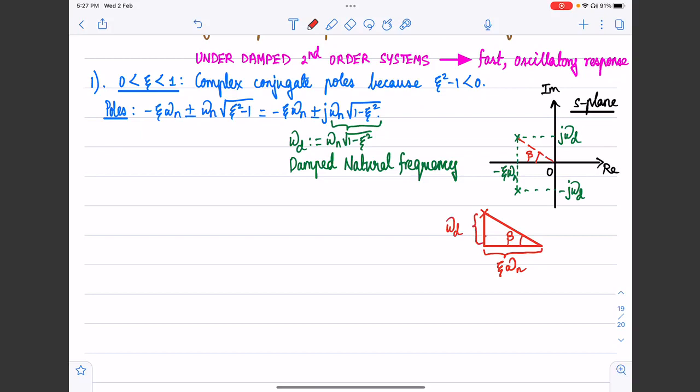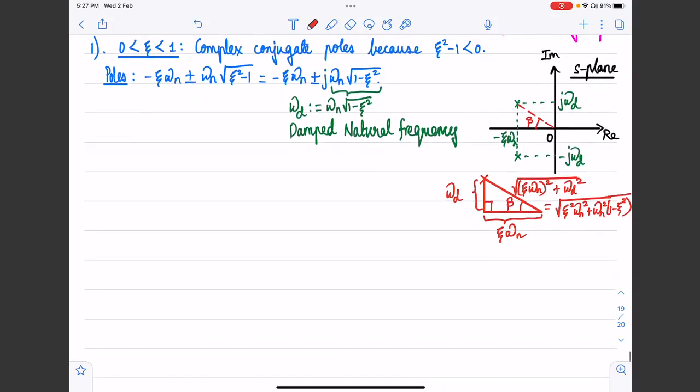This is a right angle triangle, so the hypotenuse, using the Pythagoras theorem, is going to be the square root of zeta omega n a whole square plus omega d square. If I simplify this, I get zeta squared omega n squared plus omega d squared, where omega d squared equals omega n squared times 1 minus zeta squared.